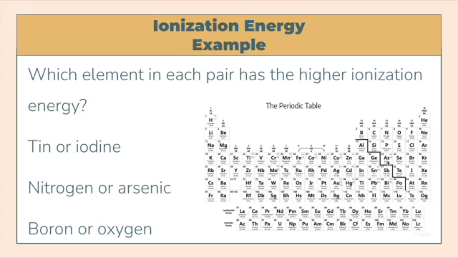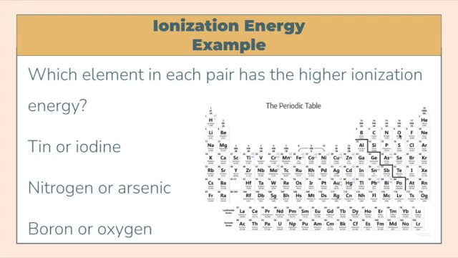So that would be the lower ionization energy. So therefore, nitrogen would have the higher one because it has fewer electron shells. So therefore, it would require more energy to remove an electron. There's greater Coulombic attraction, less electron shielding.